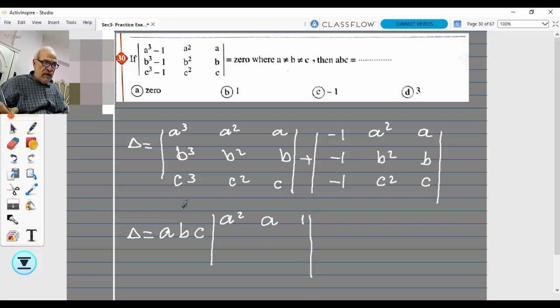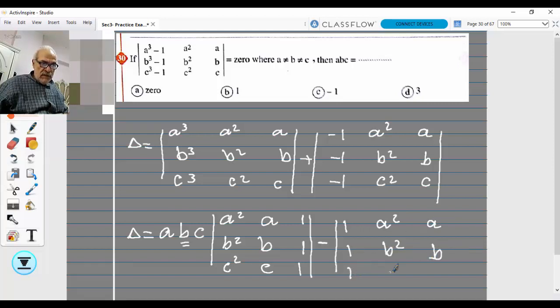After taking B as a common factor here, we will get B square, B, and 1. Also, with respect to C, we have C square, C, and 1. We can take negative 1 as a common factor, minus, here we have 1 A square A, 1 B square B, 1 C square and C.